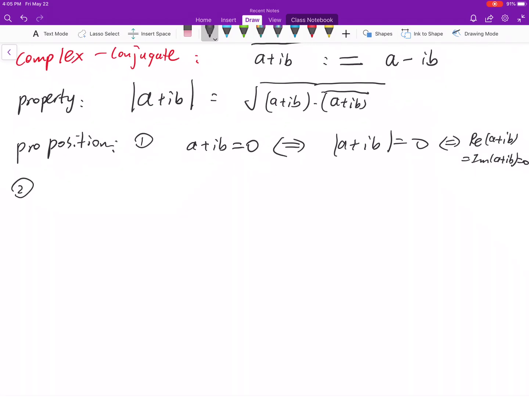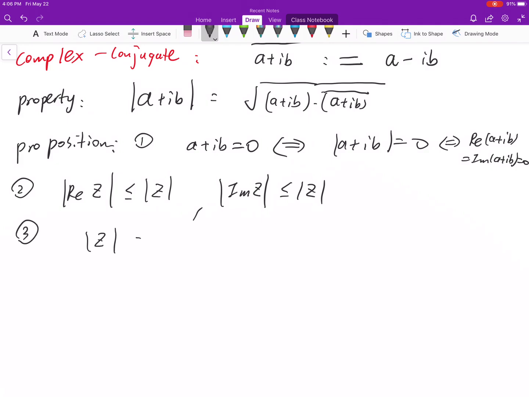And secondly, the real part of a complex number is always less than or equal to the norm or the absolute value. The same holds for the imaginary part of a complex number. And thirdly, the norm of a complex number is the norm of its conjugate.